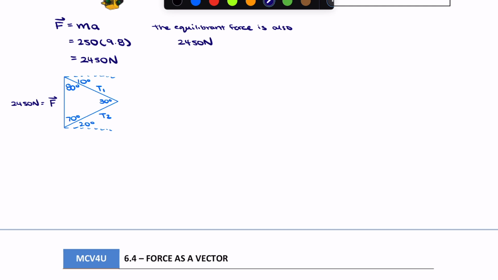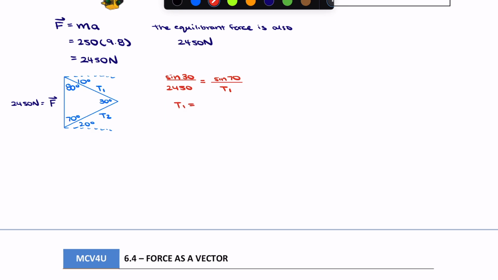So here we'll find tension 1 and tension 2, and we'll calculate this using sine law. And so here we have sine 30 over 2,450 is equal to sine 70 over the first tension 1.